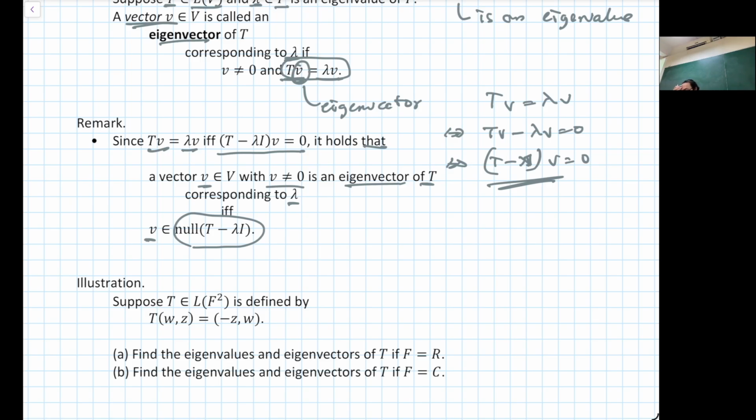Okay, so who wants to show me how V belongs to the null space of T minus lambda I? Perfect. Anyone else?